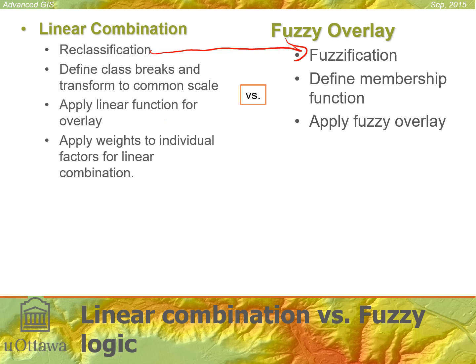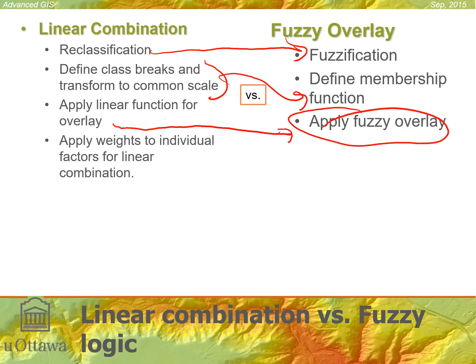And that we don't determine class breaks, we define a membership function. So it defines a range of values over which membership can occur in the suitability for Kudzu. And instead of applying a linear function as the decision rule, we apply a fuzzy overlay. In our case, we use a fuzzy and. You can try it with a fuzzy or, for example, to see the difference.